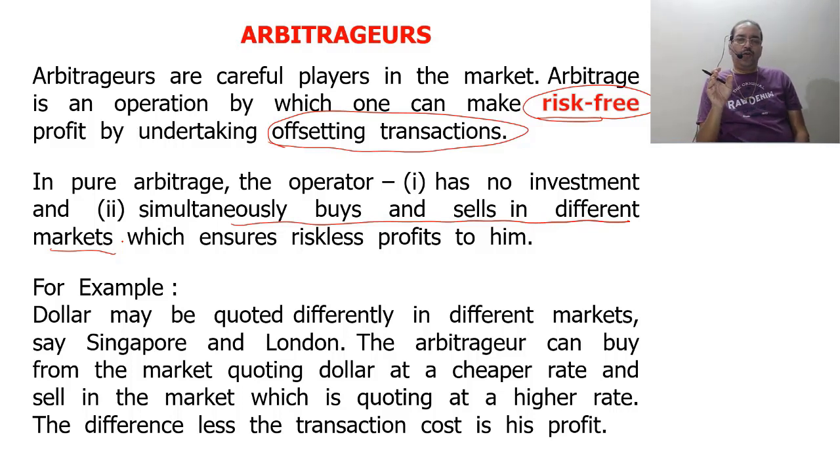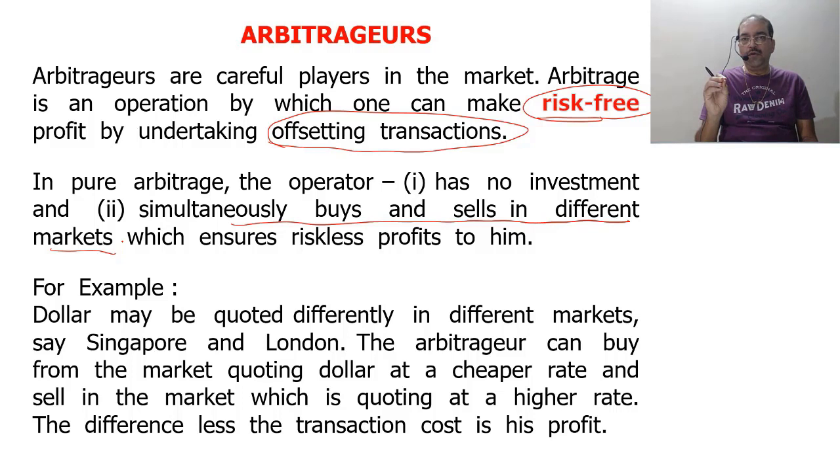Okay, so we have learned three different types of participants in the forex market. Up till here it is clear. We have done the meaning of foreign exchange, the concept of foreign exchange control, who the authorized dealers are, then FEDAI, and then the participants in the forex market.